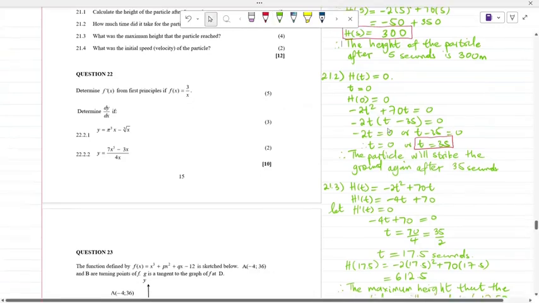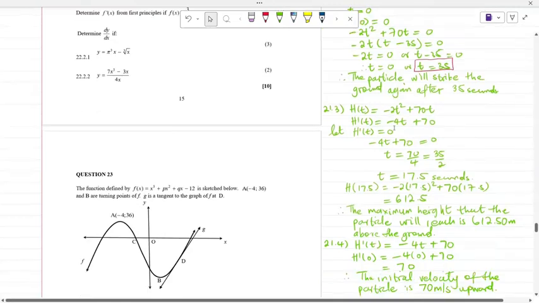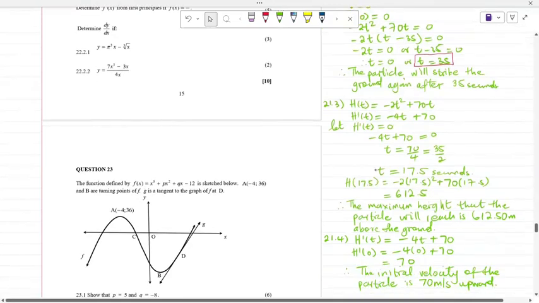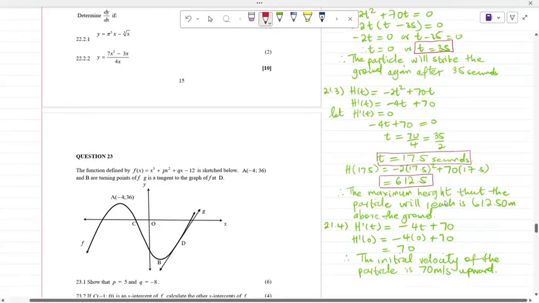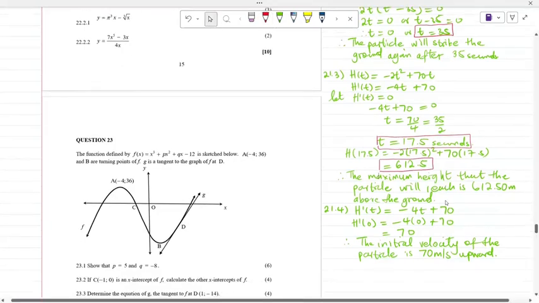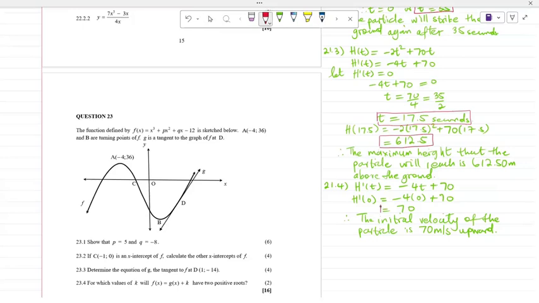Then we have this time here, which is very important. Then we have the maximum height above the ground. And here we found our initial velocity, or the initial speed.